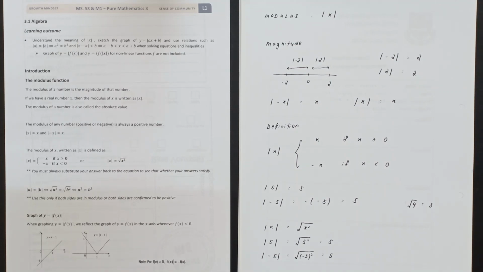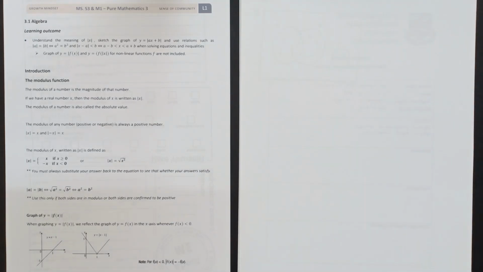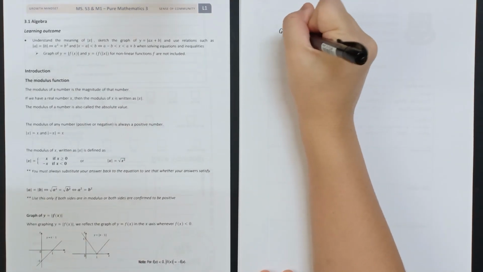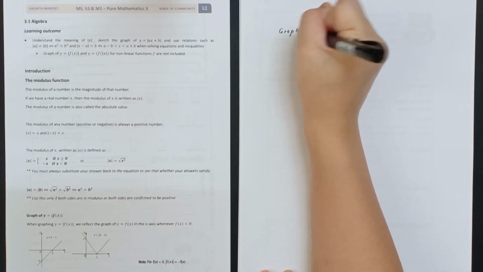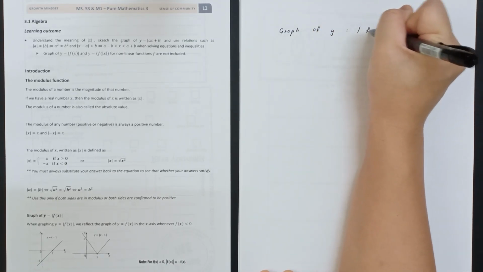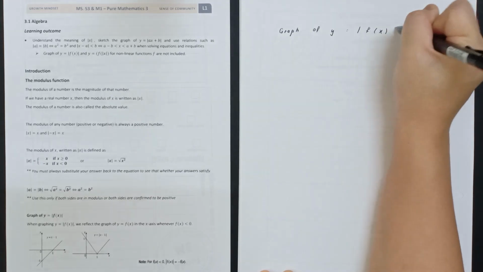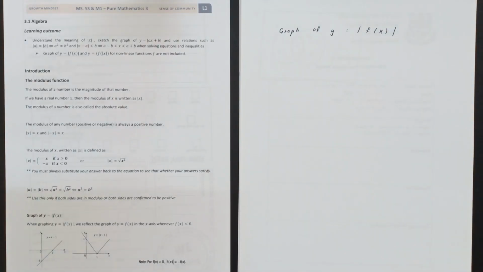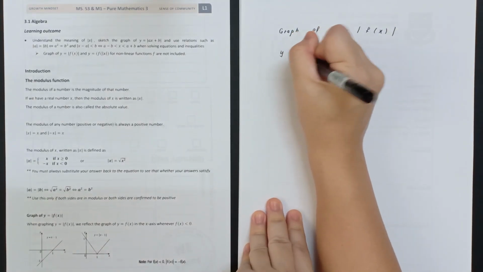Okay, the other thing that I want to talk about is the graph. That part is quite an easy one also. I think we discussed a little bit about that when we learned transformation in Pure Maths 1. So how does the graph for a modulus function look like? You can imagine, let's say I have a graph of y equals x minus 1.